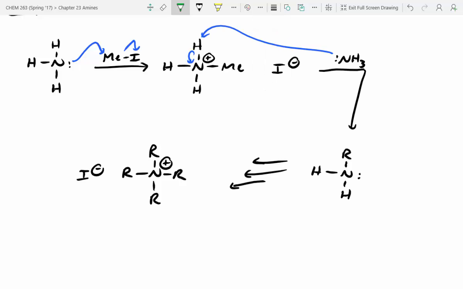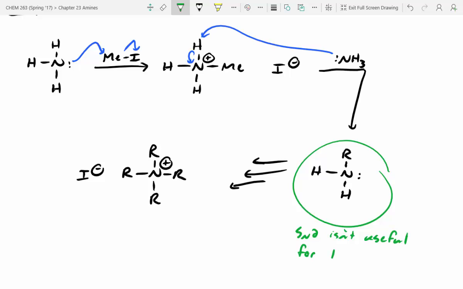So this is one common mistake I see in organic chemistry: Sn2 isn't useful for primary amines. It will over-alkylate.